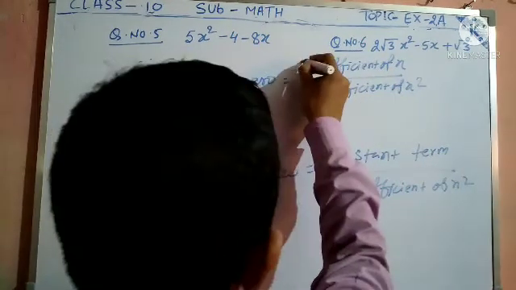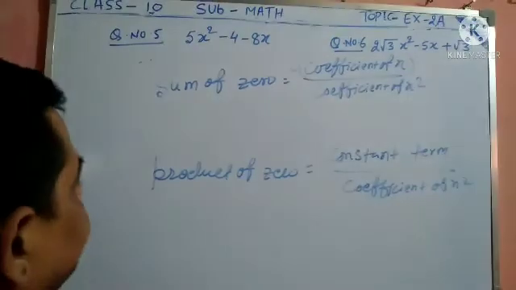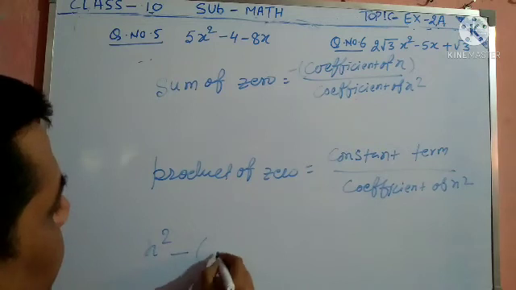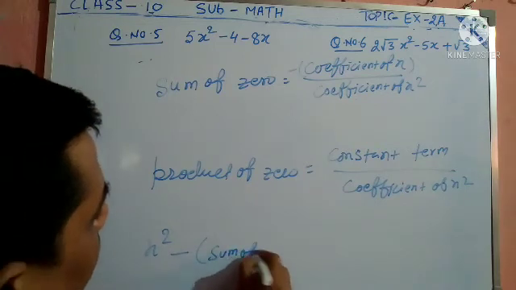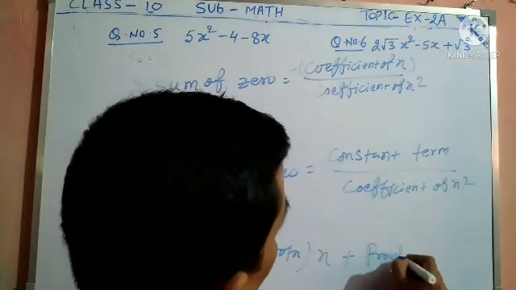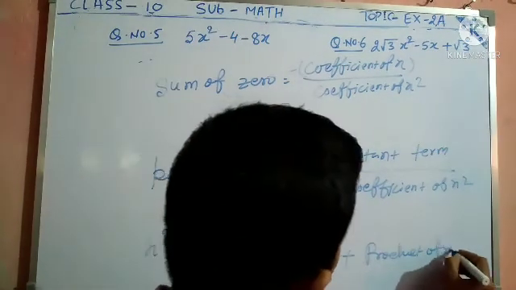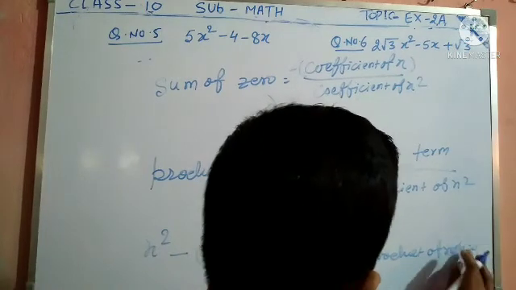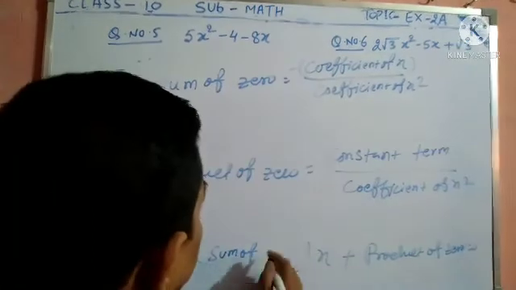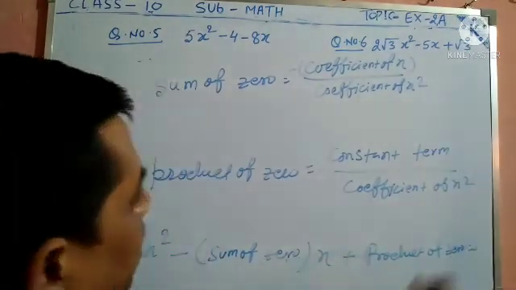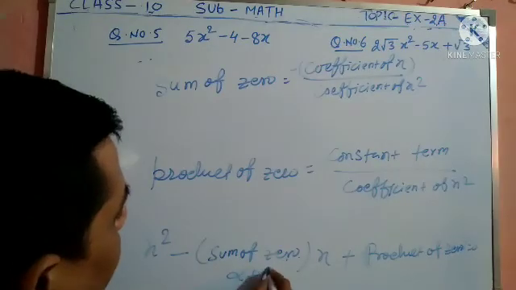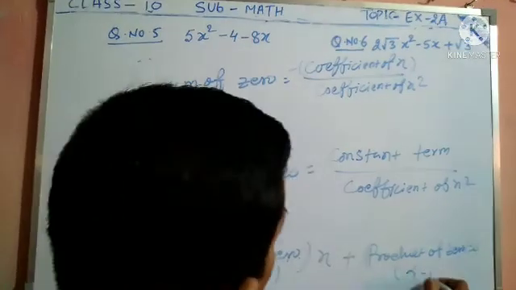We take the minus value because the general equation is x square minus sum of roots into x plus product of roots equal to 0. So the sum of zeros is alpha plus beta, and the product is alpha into beta.